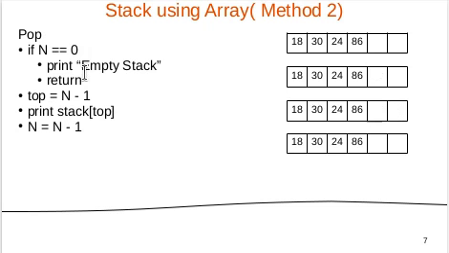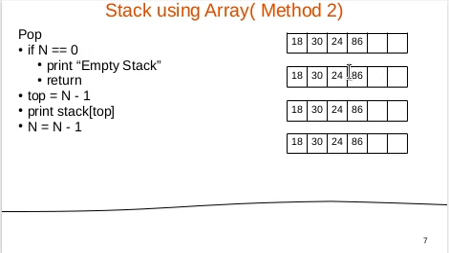So the pop function will first check if it is empty. If it is empty, the stack is empty, then you have to return from this function. Otherwise, top equal to n minus 1. That means n equal to 4, top equal to 3.